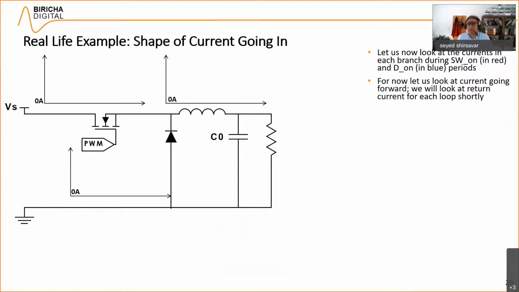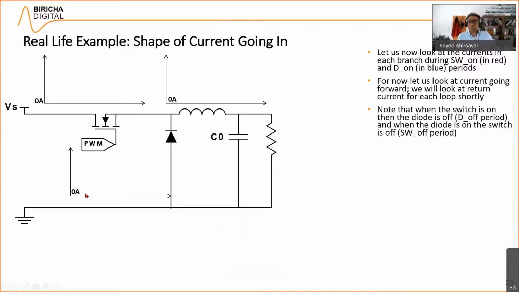So during the switch on, for now we're just going to look at the current going in, right? And then on the next slide, we look at the current returning. So this is the switch current as a whole. Switch on period, you can see fast rise time, current ramping up, and then you turn it off.